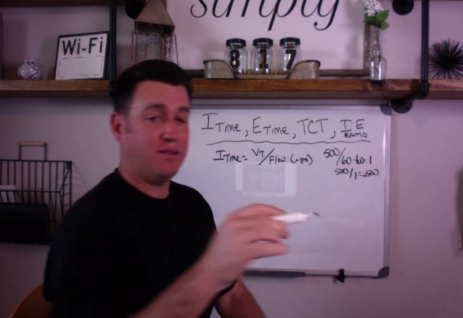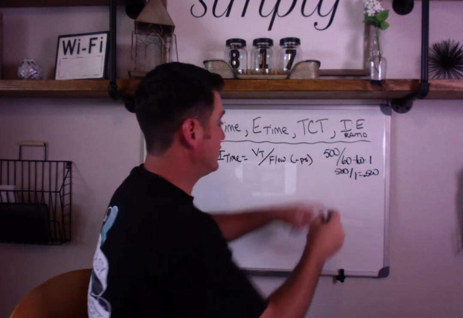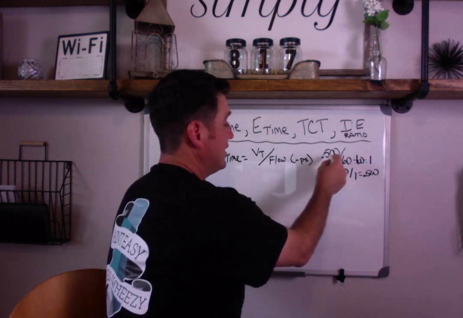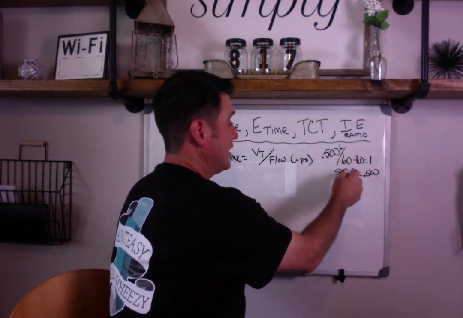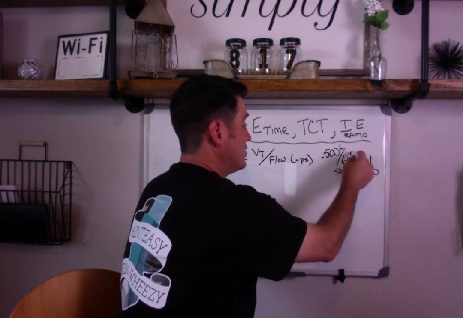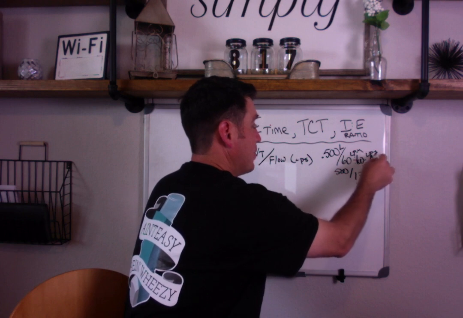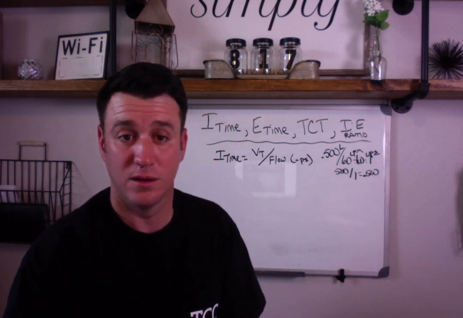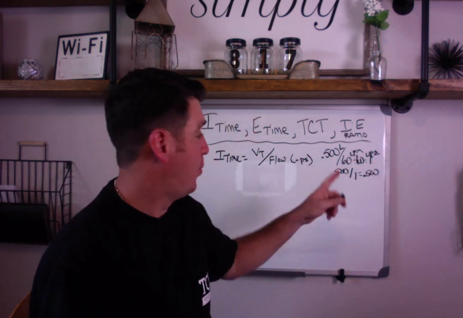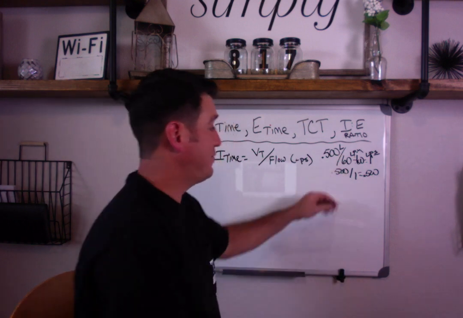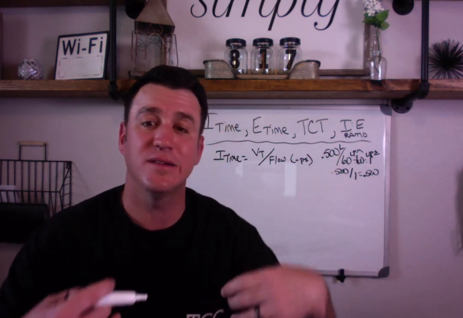And that's 0.5 because this 500 mLs should be turned into 0.5 liters because we're dealing with liters per minute, which we turn into liters per second. Okay? So 0.5 divided by 1 is 0.5.